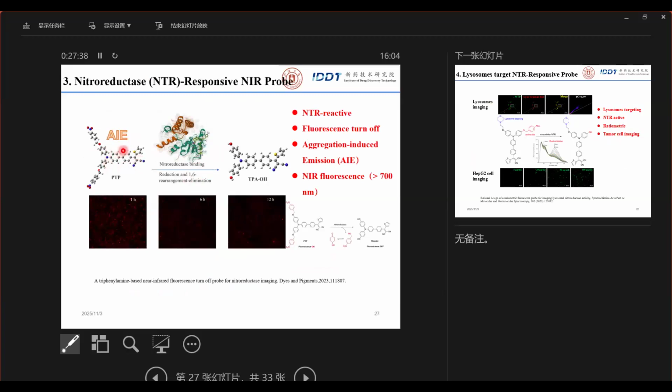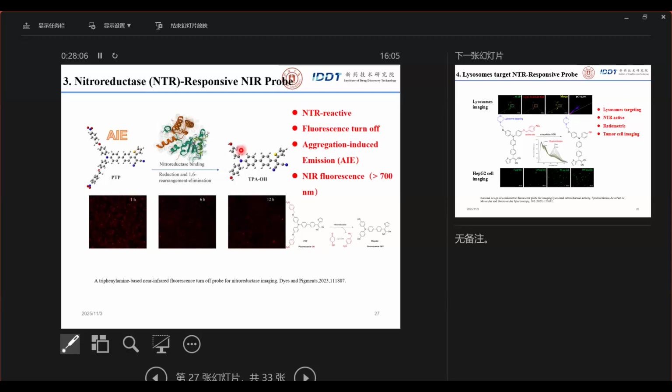Now here is our developed fluorescent probe, an NTR-reactive fluorophore. At the beginning, it's fluorescence turned off, with the mechanism we call ICT, intramolecular charge transfer. With this moiety, it's non-fluorescent. But in the presence of NTR, nitroreductase, this nitro part, NO2, is reduced to NH2.